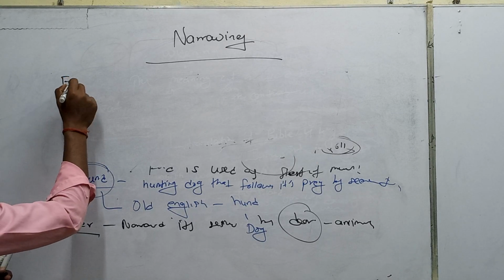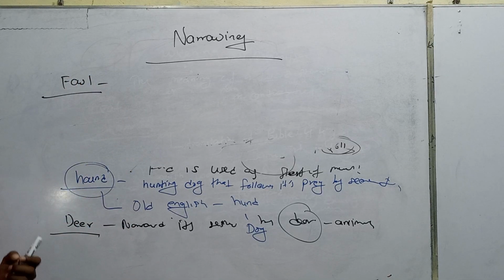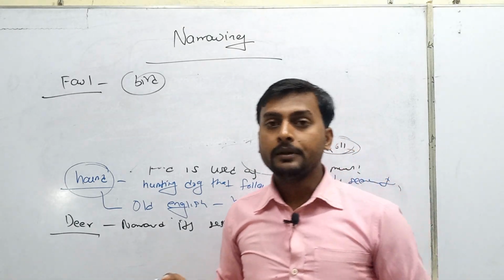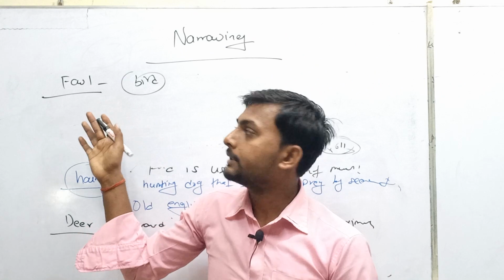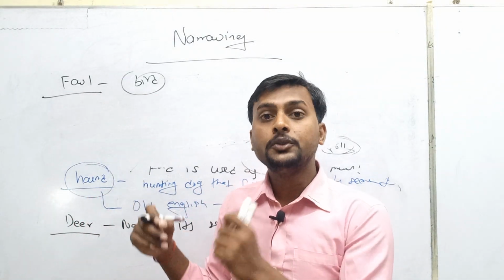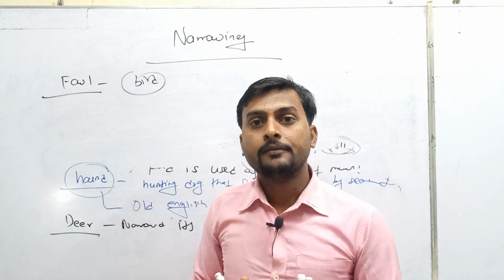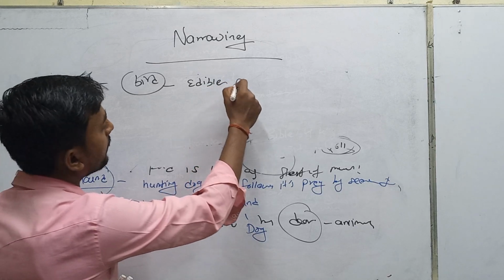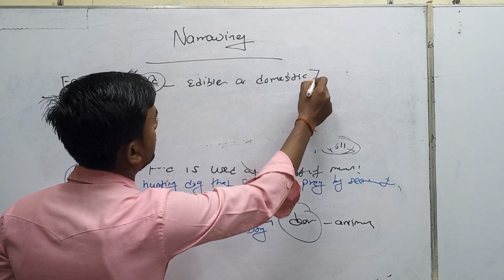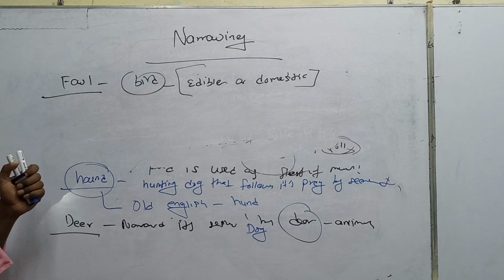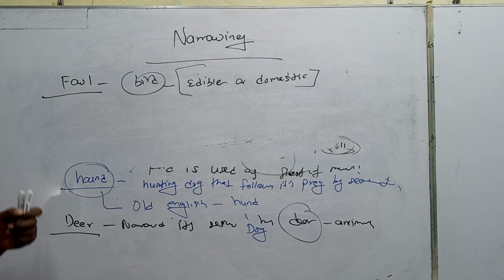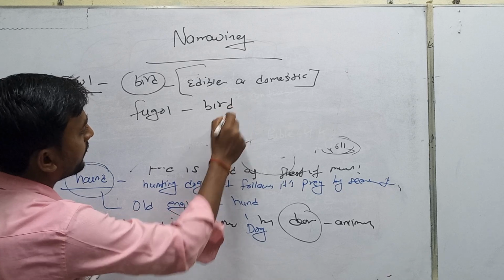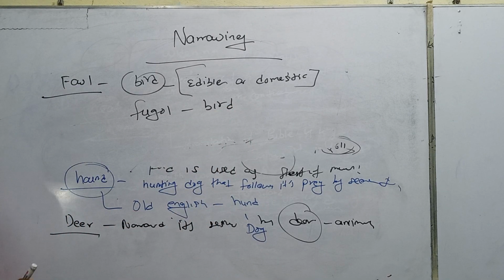Another example is fowl. In the Old English period, fowl meant bird, and it was used for edible or domestic birds. Fowl is narrowed from the Old English fugol, which means bird.